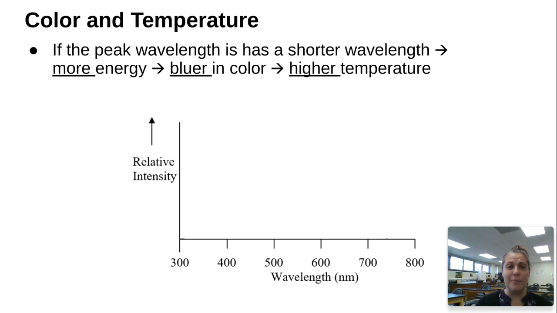So how are color and temperature related? Well, if the peak wavelength has a shorter wavelength, so the number's smaller, they're closer together, we know that a short wavelength closer together is more energy. Those higher energy waves are going to cause stars to be blue in color, and they are going to have a higher temperature.